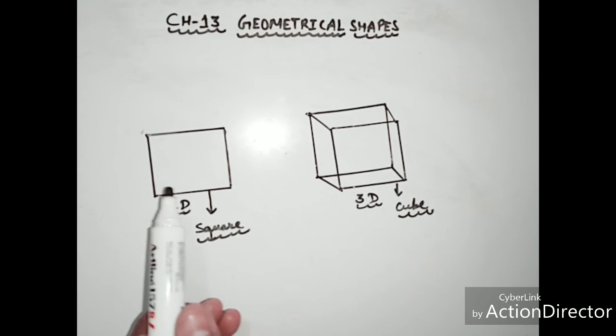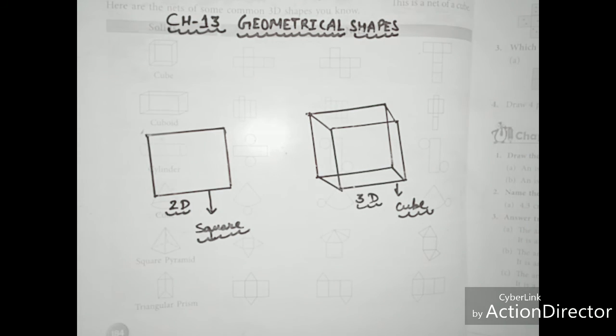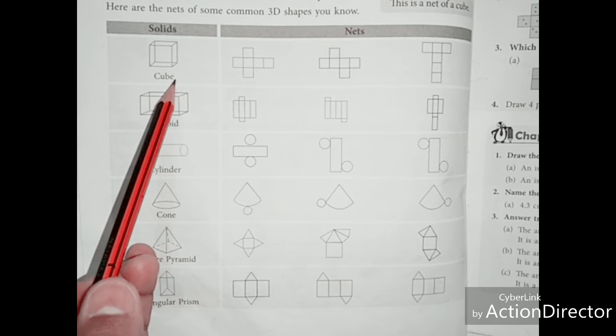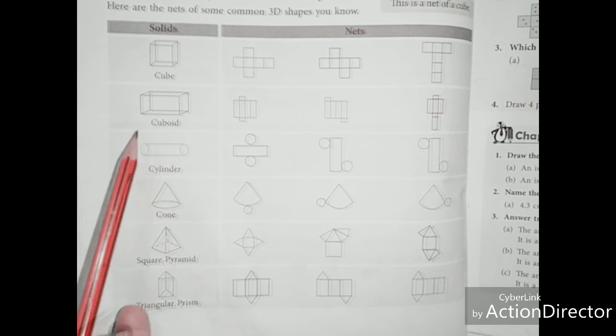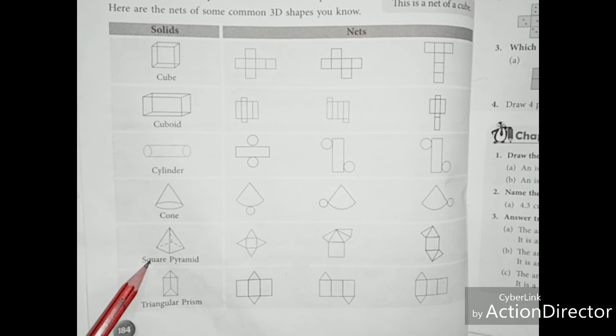Here 6 squares form a cube. Now here are the nets of some common 3D shapes like cube, cuboid, cone, square pyramid and triangular prism.